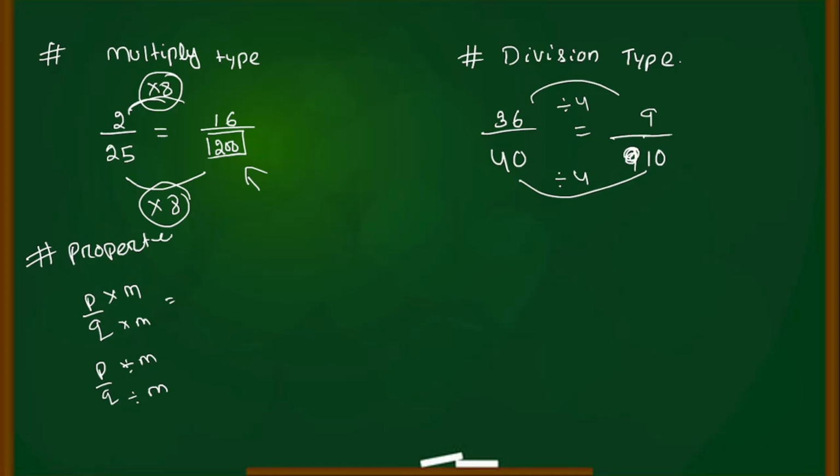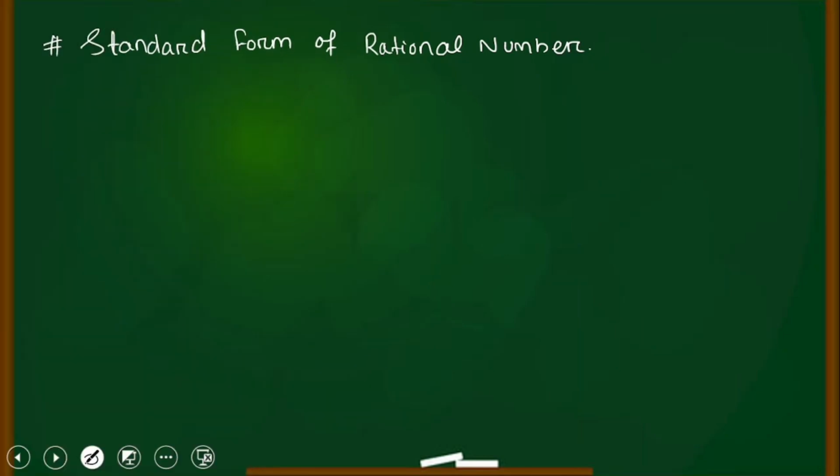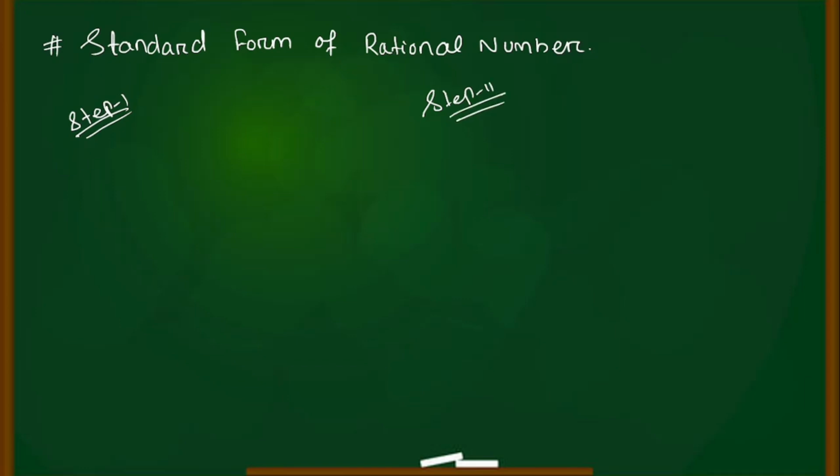Understand? Now the next concept is the standard form of a rational number. What is the standard form? We solve it in two steps. Step 1: suppose an example is 2 by minus 8, convert into standard form.